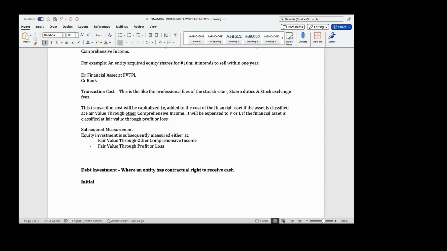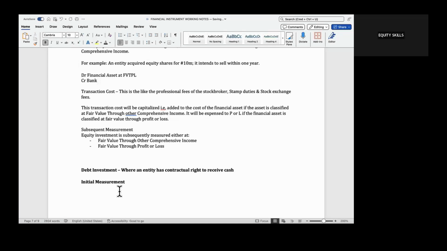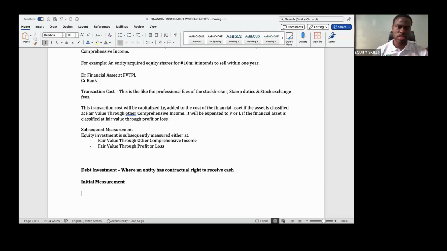So let's go through what we have gone through again. First is initial measurements, which is the measurement at the date of acquisition. How do you do these measurements initially?